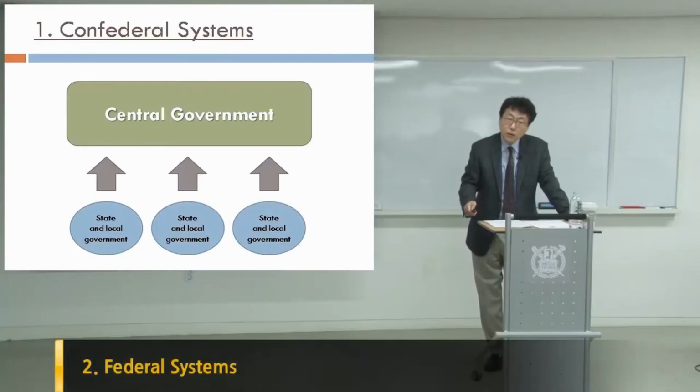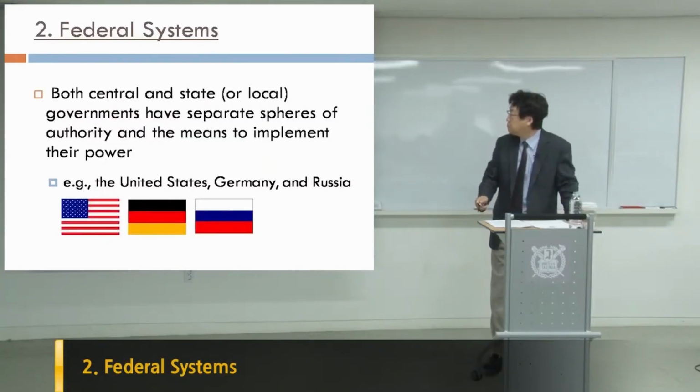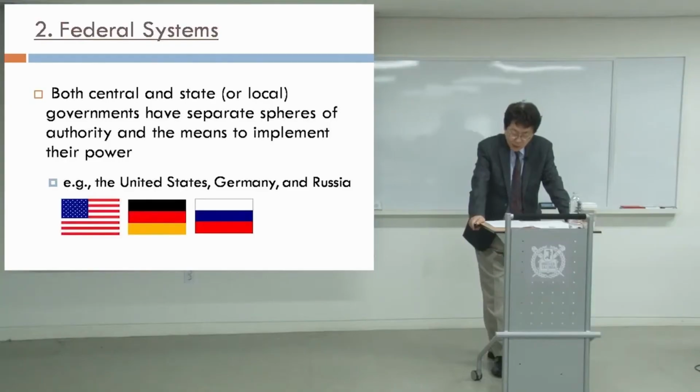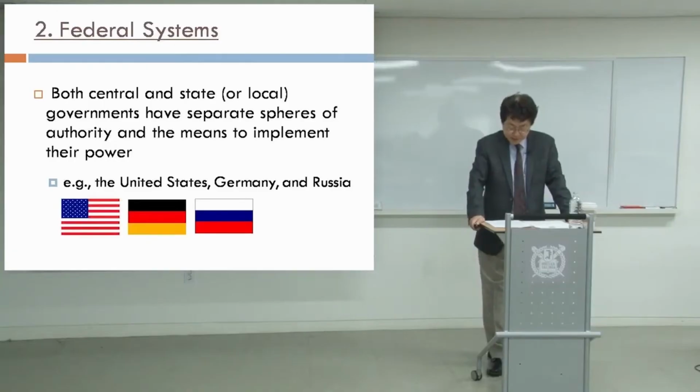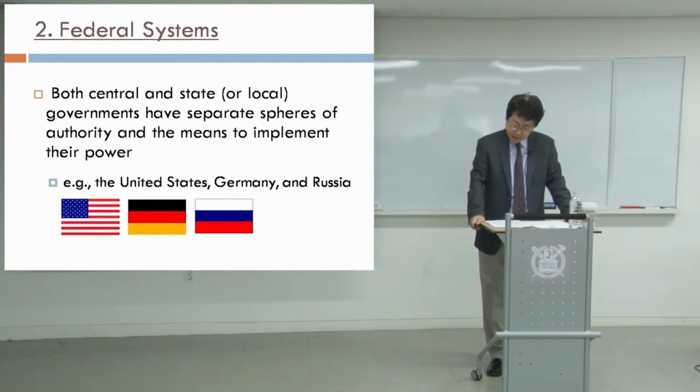Moving on to the federal system, both central and state or local governments have separate spheres of authority and means to implement their powers. So the provincial or local governments can levy taxes, right?